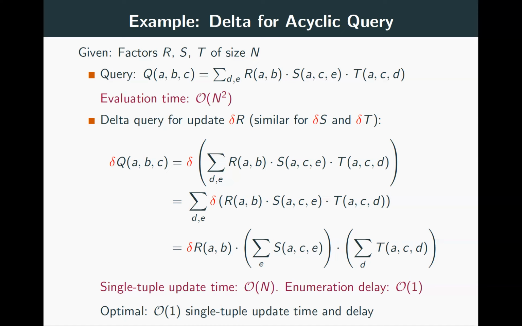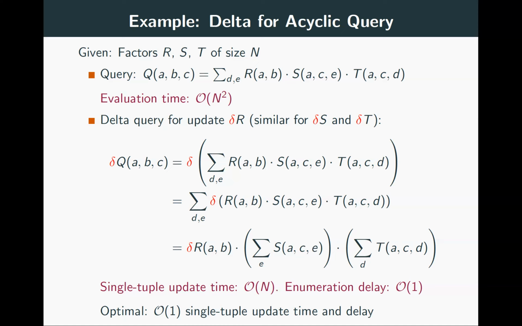You apply it internally, and because it's only delta R we have, the other ones are 0, so we only get delta R here. But then this delta R can commute with the sum because R does not talk about these variables D and E, so we can push these aggregates inside, and nevertheless we'll still get, in fact, linear update time.